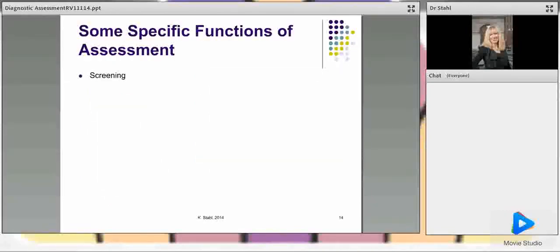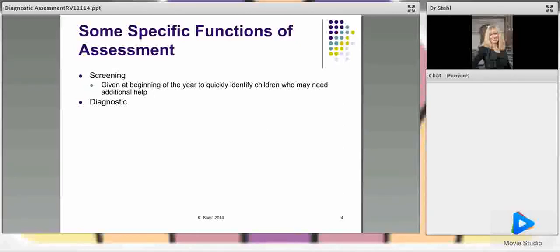Now the function, I think this was gone over fairly clearly for those of you who attended the first three sessions of the webinar series. The screening assessments, these are the functions. Screening is one function that is given at the beginning of the year or intermittently throughout the year, typically 3 times, to identify children who may need additional help.